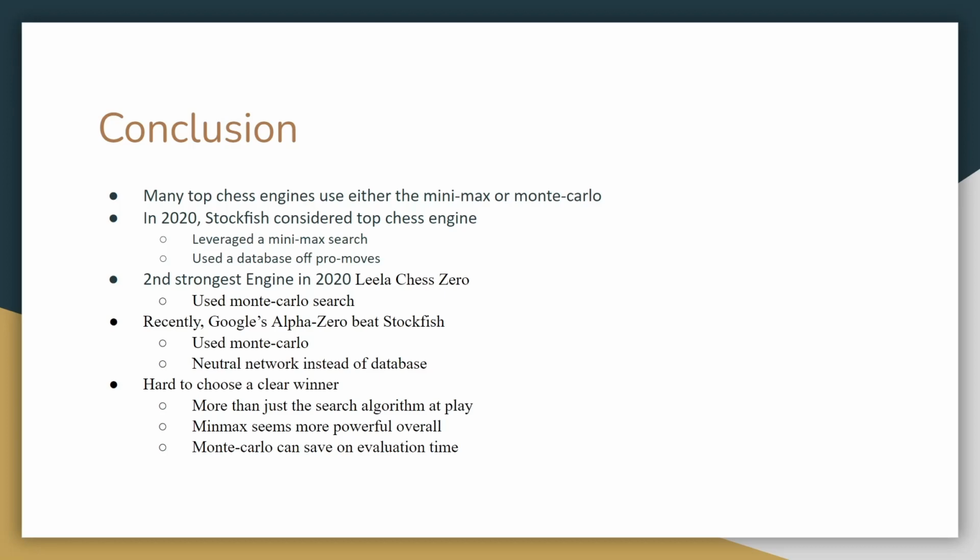It's definitely more than just the raw search algorithm that comes into the conclusive implementation. The Minimax does seem more powerful overall in a raw sense, we noticed. Certainly in the tic-tac-toe game, it seemed to win a little bit more. And also from this chess engine research, in a straightforward implementation, it seems that the min-max also wins a little more frequently.